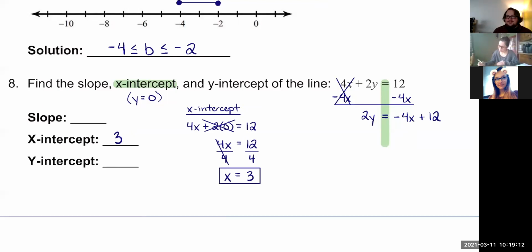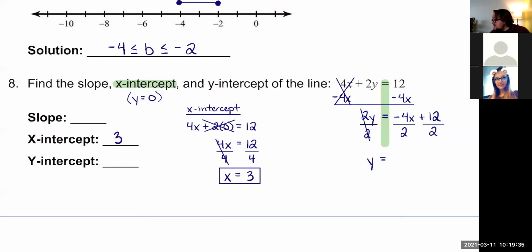What's the last thing we have left to move? The 2. How would we move it? You would divide it. And whatever you divide on one side, we're dividing everything by that positive 2. Everything, every single term. So that gets my y by itself. And then on the right, negative 4x divided by 2 is negative 2x. Don't lose the x.